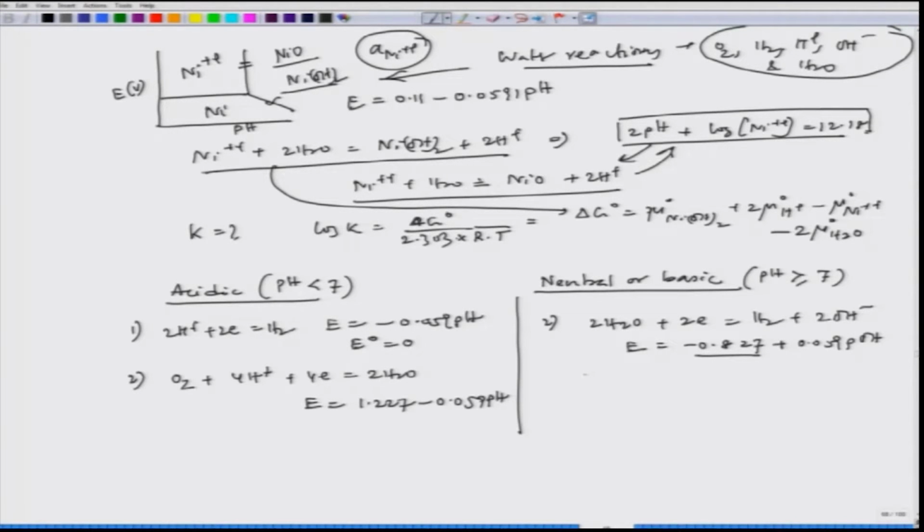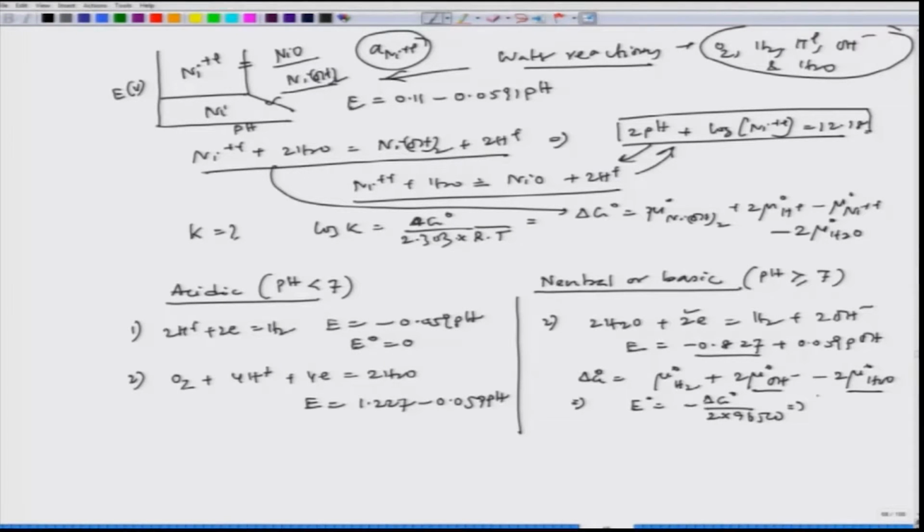If you do the calculation, delta G0 would be mu0 H2 plus 2 mu0 OH minus minus 2 mu0 H2O, and here 2 electrons are involved. So, E0 would be minus delta G0 divided by 2 into 96500. If you do that calculation, because you already know the values, you just go back to the earlier lectures and find out what the values are.